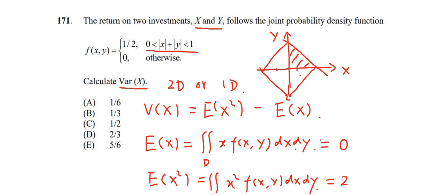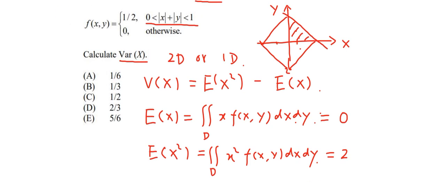So for this x, we just check the positive part. For the positive part, we also have two parts, and for the two parts x squared is the same. So we can say this equals another 2 times the integral over D1, just the fourth quadrant part, of x squared dx dy.